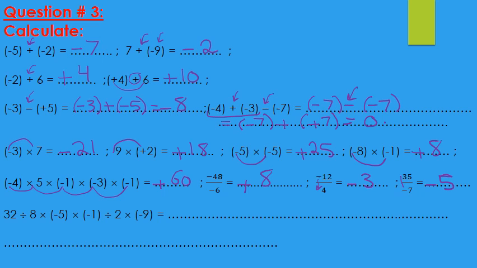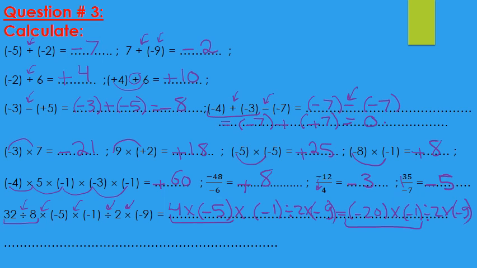Now a numerical expression. Because we have division, multiplication, multiplication, division, multiplication, we start from left. 32 divided by 8 is equal to 4 times minus 5 times minus 1 divided by 2 times minus 9. Also we start from left. 4 times minus 5 is minus 20 times minus 1 divided by 2 times minus 9.